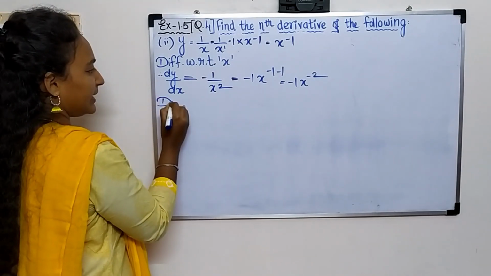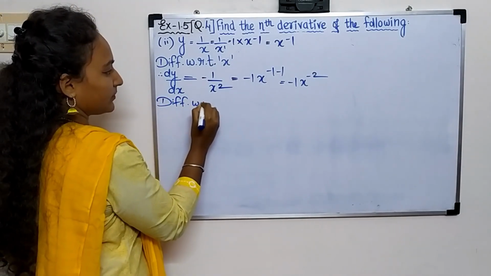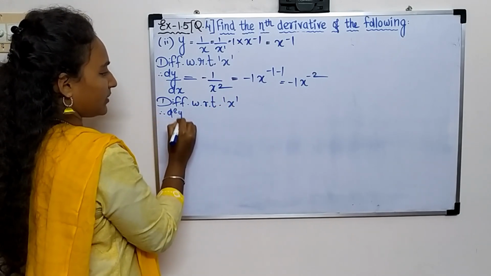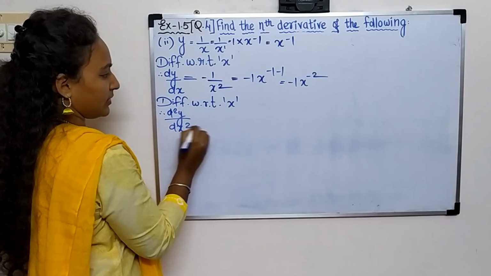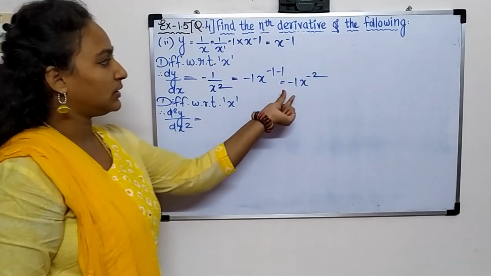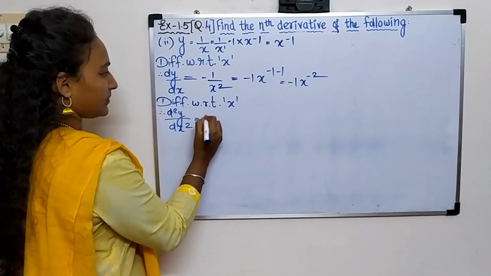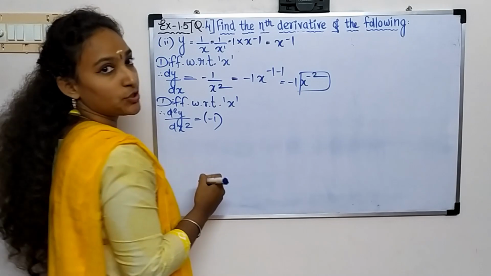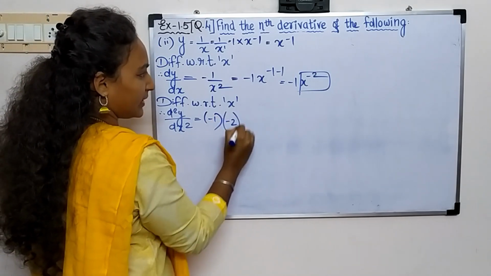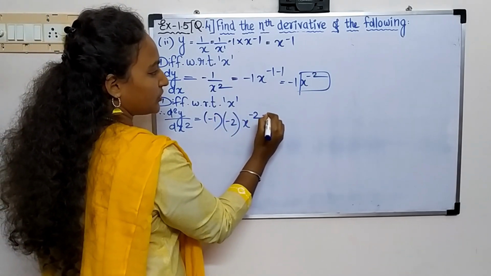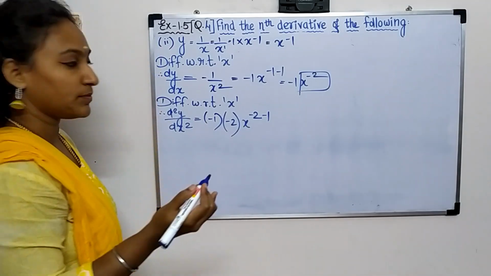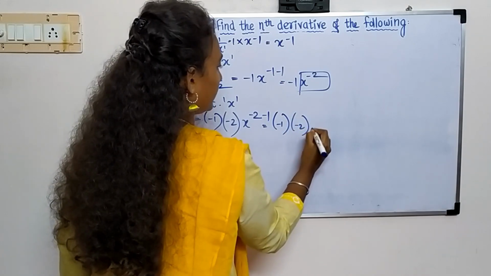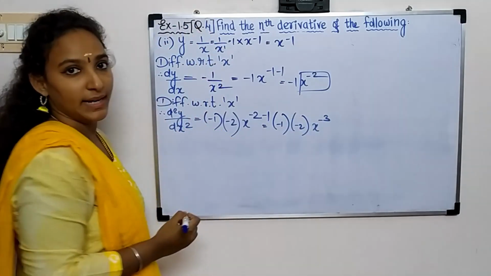Now calculate d square y upon dx square. Therefore d square y upon dx square is equal to minus 1 as it is. Now consider this x raised to minus 2. So the derivative will be minus 2 x raised to minus 2 minus 1, that is x raised to minus 3, is equal to minus 1 into minus 2 x raised to minus 3.